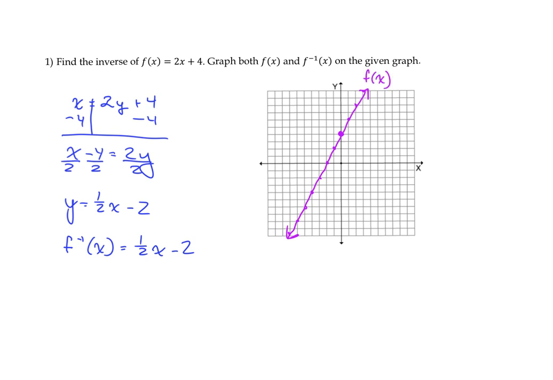Now I'm going to graph its inverse. It says to start off at -2, and I have a slope of 1/2, which is up 1 over 2.